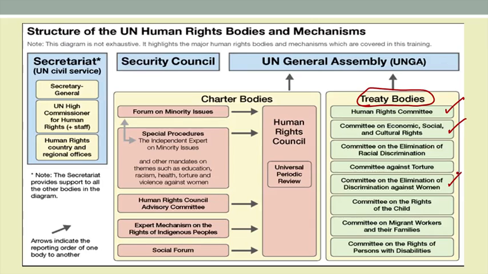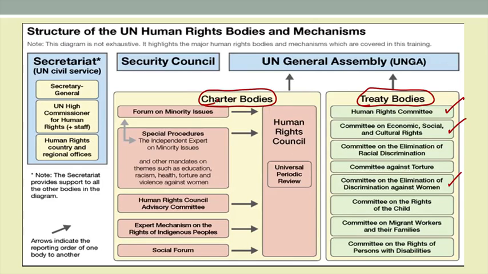So although we'll be talking about examples from the CEDAW Committee and the UN Human Rights Committee, we could have picked examples from other treaty bodies. I just want to preview that in the next few lectures of the course, we will be talking about the charter bodies that are also part of the UN system. But for now, we're just in the most right-hand column.